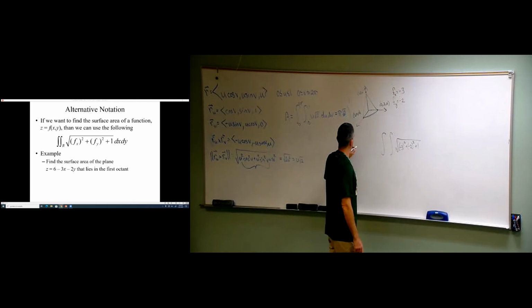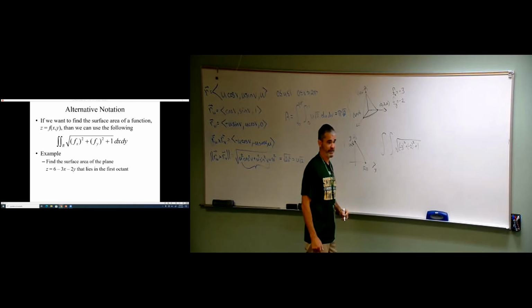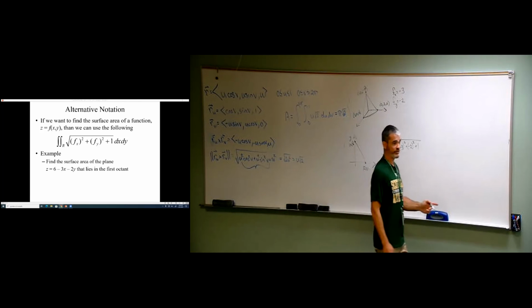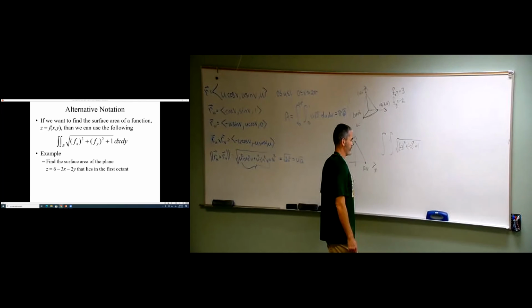So we need to think about what this thing looks like in the XY plane. A couple different ways we can do it, but we know that it hits at 2, 0 and 0, 3. So one option is just to find the linear function between those. The other option is we're in the XY plane, so we're where z equals 0. So the equation of this line is 6 minus 3x minus 2y equals 0.